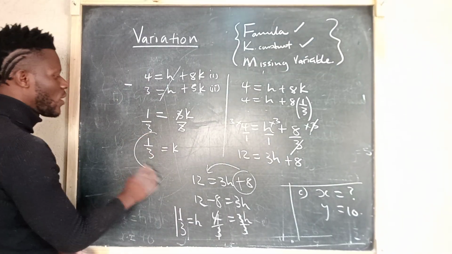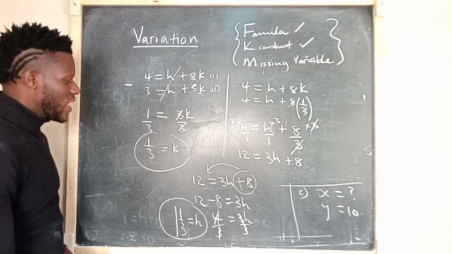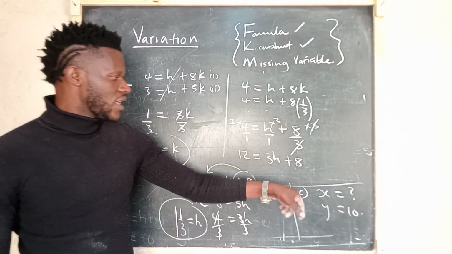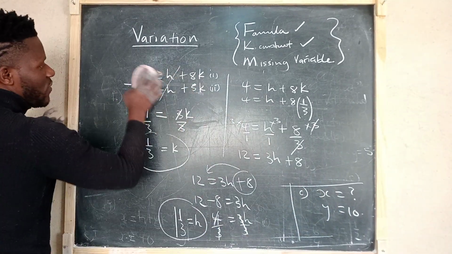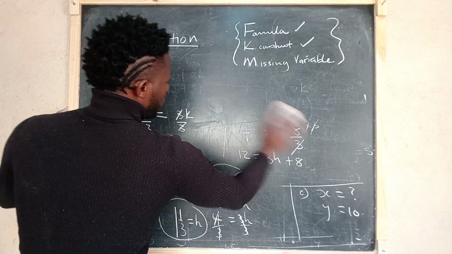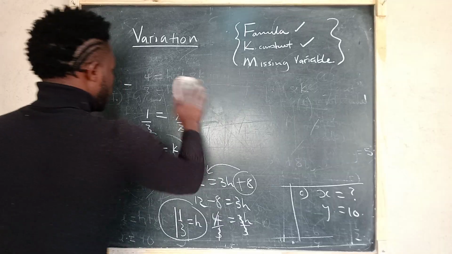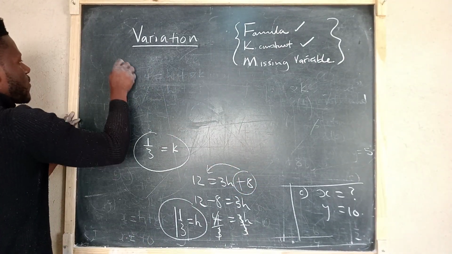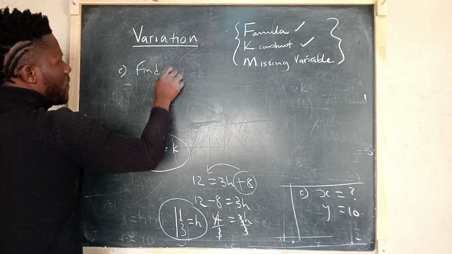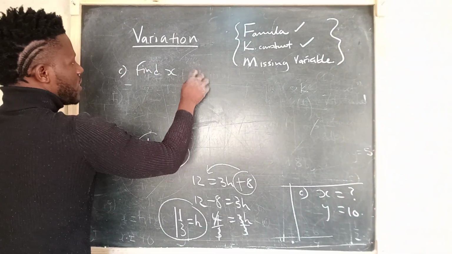Now k is known, h is known, and we can use these terms in the last part of the question to find the value of x. The last question was find the x when y is 10.